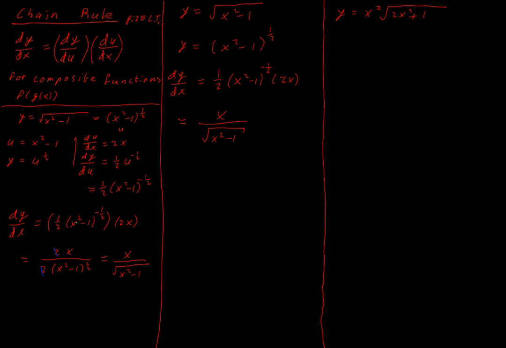So if I have y is equal to x squared multiplied by the square root of 2x cubed plus 1, what type of thing do I recognize I've got? I've got a product. This is multiplied by this. So this is my u, and this is my v, and I'm dealing with the product rule.